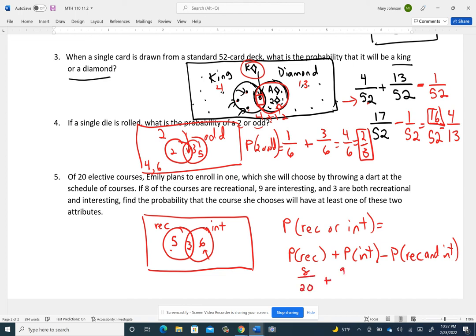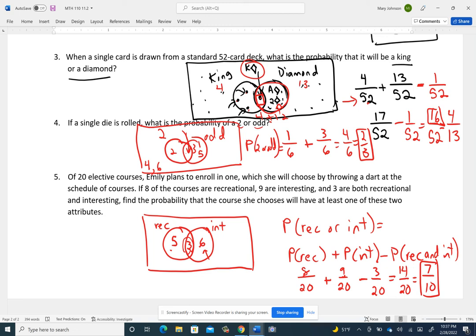Interesting would be 9 out of the 20. But your final answer to the question isn't 17 out of 20, because if you've used the 8 and the 9, you've used the 3 here in the center twice. So you have to not double count. You've got to subtract that, and that's going to wind up giving you 14 out of 20. And when you divide by 2 on the top and bottom, you get your final answer of 7/10.